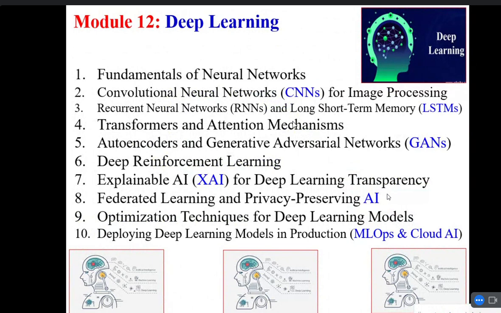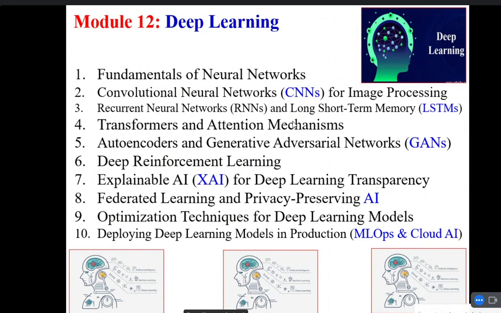The first concept is fundamentals of neural networks and convolutional neural networks for image processing, recurrent neural networks, RNN, and long short-term memory, LSTM, transformers, attention mechanisms, autoencoders, generative adversarial networks, followed by deep reinforcement learning, explainable AI, XAI for deep learning transparency, federated learning, and privacy preserving AI.